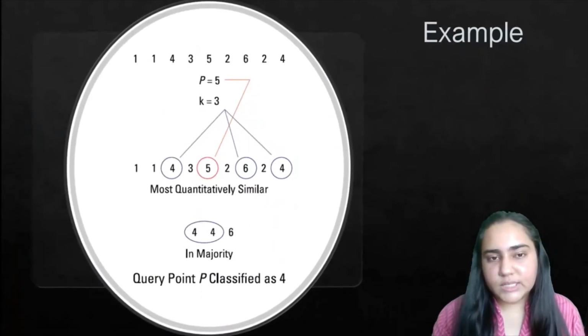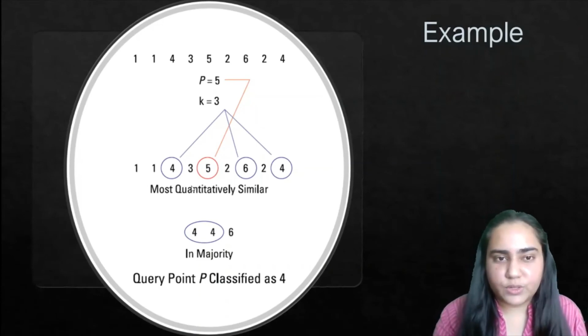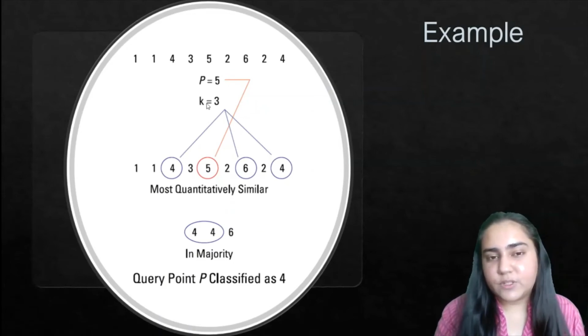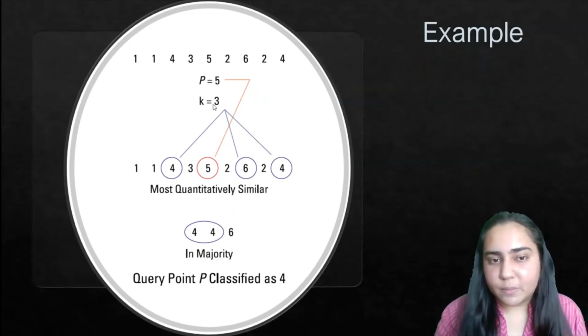Now here is a simple picture, a big picture of what happens. So we had all these numbers 1, 1, 4, 3, 5, 2, 6, 2, 4, and we picked the query point as 5, and the value of k, which means how many nearest neighbors I'm going to find to the point 5, is picked as 3.